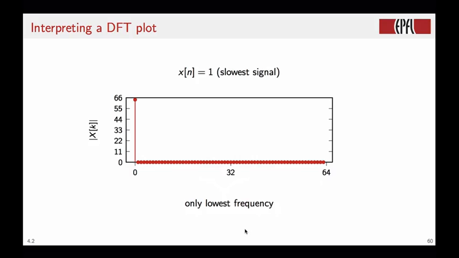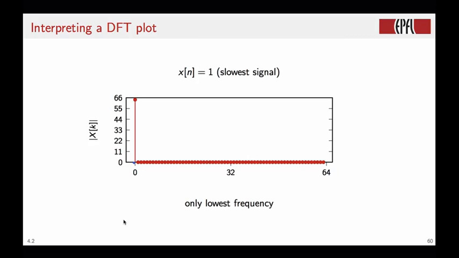So if we go back to the examples that we saw before, if we take x of n, the unit signal, so equal to 1 for all points, well, this is the slowest possible signal in the sense that it never really changes. It remains constant for the whole duration of its life. And correspondingly, its Fourier transform only contains the lowest frequency coefficient.